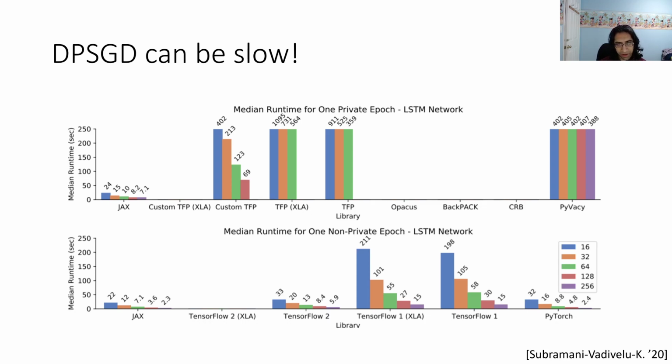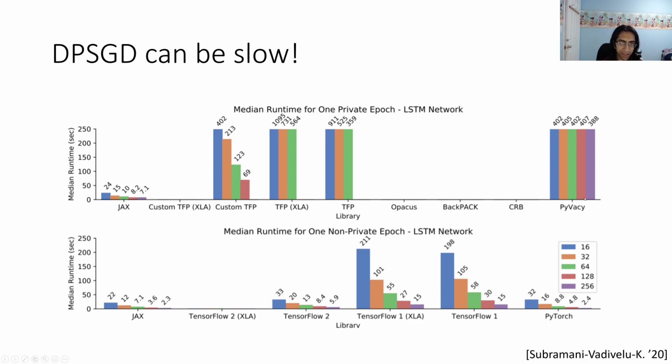Now, there are some hacks and ways to get around it, and certain different tools, for example JAX, a recent framework, are very good at doing these per-example gradients and can help reduce these overheads due to privacy. So these are some of the hardware differences which result in differential privacy being much slower in practice.